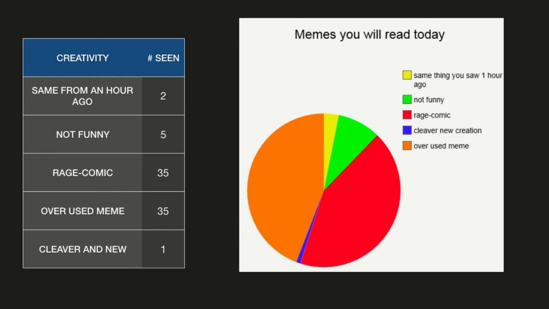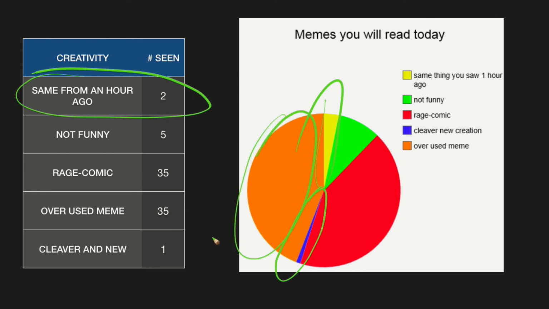And so here we can see that we saw the same meme twice. And so relative to all the others, it's actually a small proportion and would be a small slice of the total pie, with the pie representing 100% of what you saw. So the thing that you saw the least of was something that was clever and new on the internet, whereas most things were overused. And so a pie chart can be a nice way of visualizing those data as well.